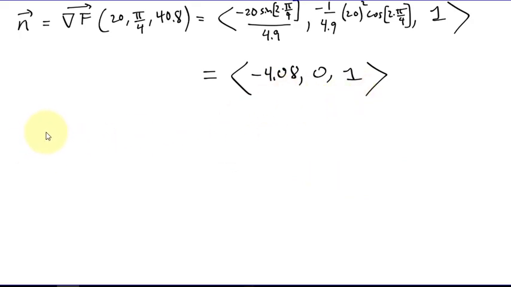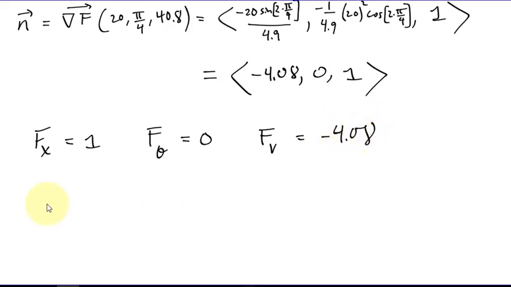I could have said the partial with respect to x is 1, the partial with respect to theta is 0, and the partial with respect to v is the one that came out negative 4.08. Now, when it comes to writing the equation of the plane, it doesn't really matter what order I put the terms, as long as I put the partial with respect to x times that change in x.